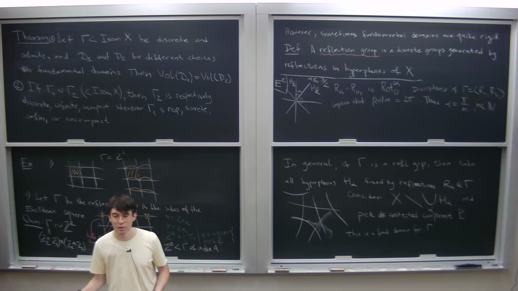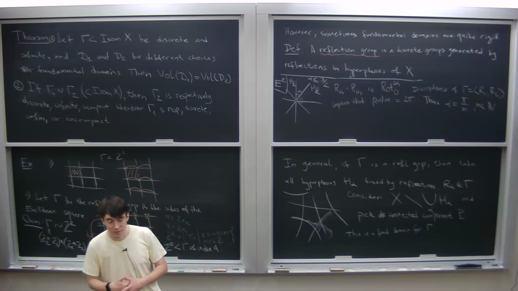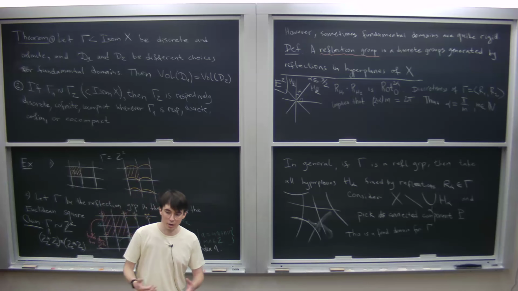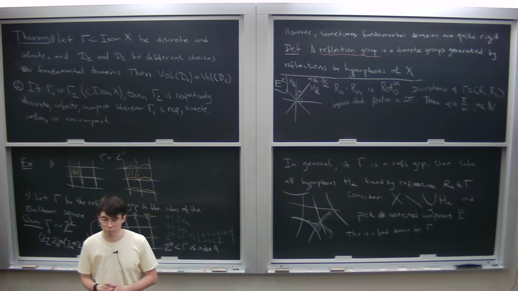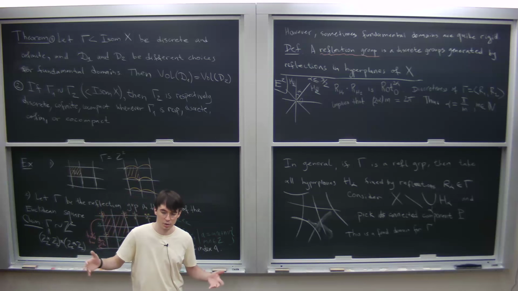But some of the elliptic elements may give you this isometry. If your elliptic isometry is of finite order, this means that some power is precisely the identity.